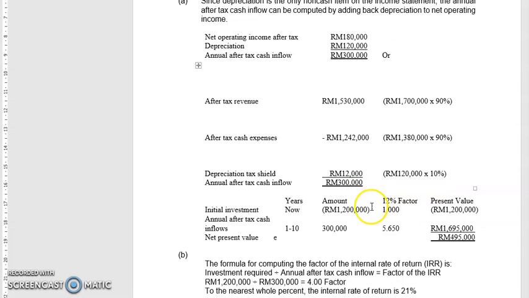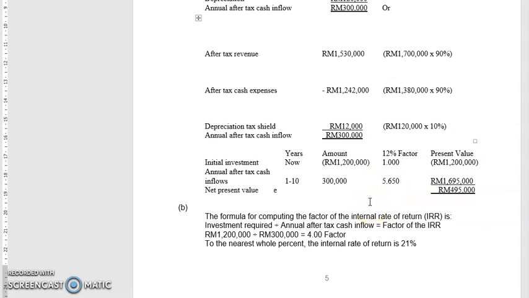So for net present value, the initial investment is 1.2 million. Okay, the interest factors, and then the annual after-tax cash inflow from 1 to 10 years, 300,000.